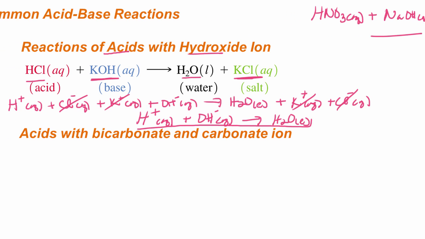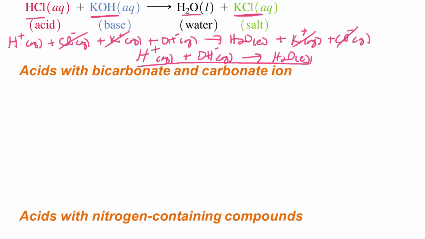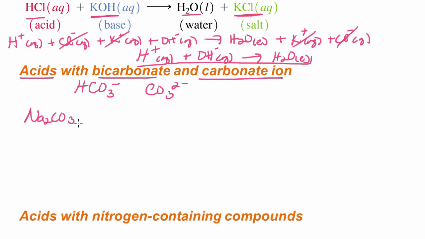The next type of common acid-base reactions are those where acids react with bicarbonate and carbonate ions. So here we have our bicarbonate and our carbonate ion. Let's say we have some sodium carbonate, okay, and we have hydrochloric acid.